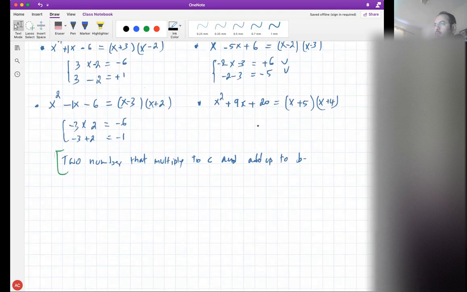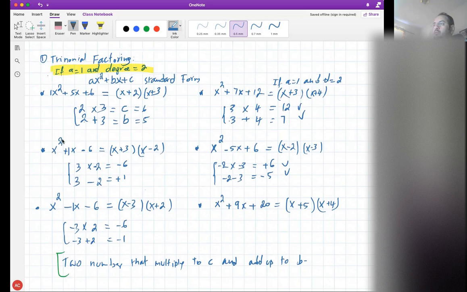Now let's see what happens if you don't have a 1 here. In all these problems, you can see we have x by itself, and x to the second has an invisible 1 here.